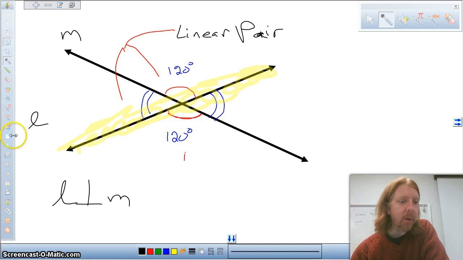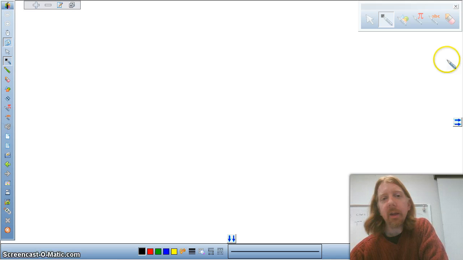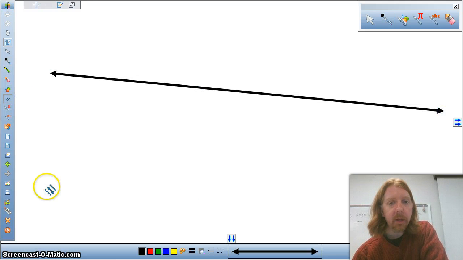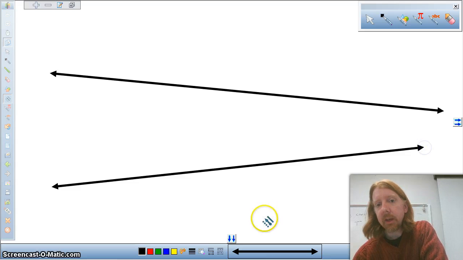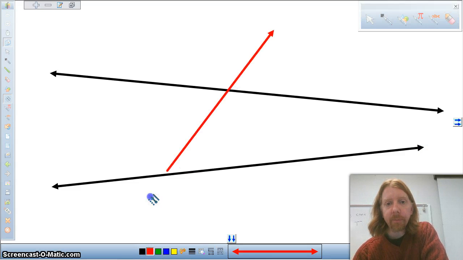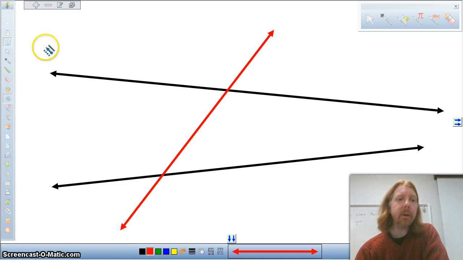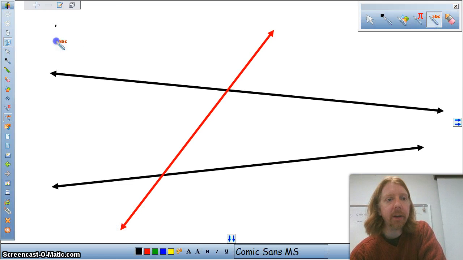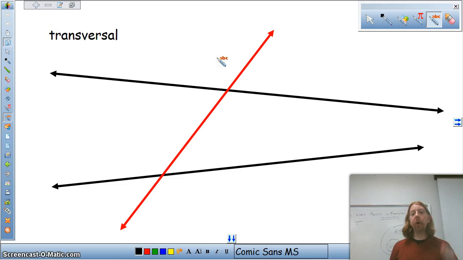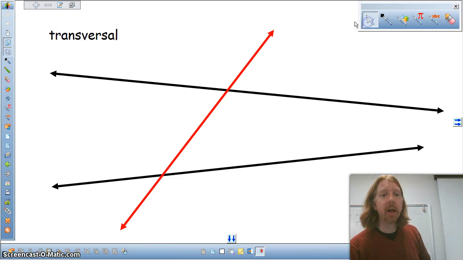What we want to look at right now, however, is one other new idea, and it goes like this. If I were to take two lines, so here's a line, here's a line, I want to cut across them with a transversal. So we're going to call that line there the transversal, meaning it goes across the two lines.